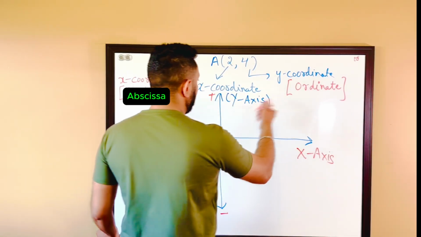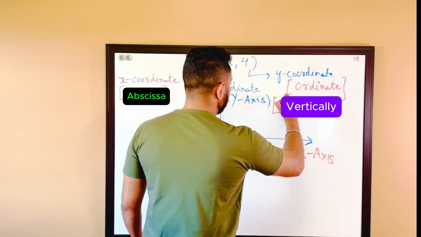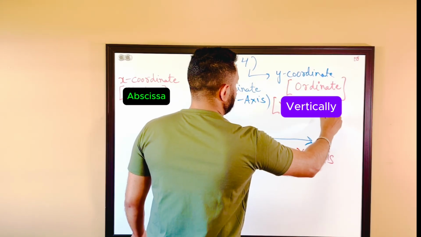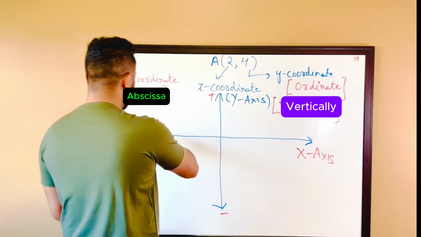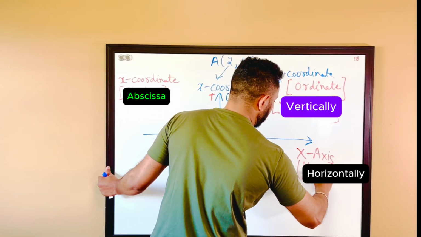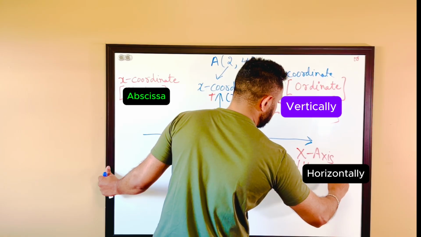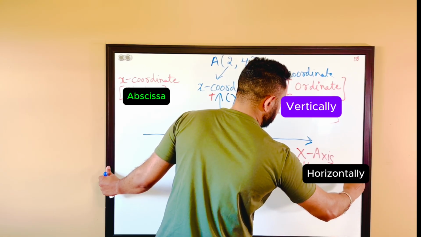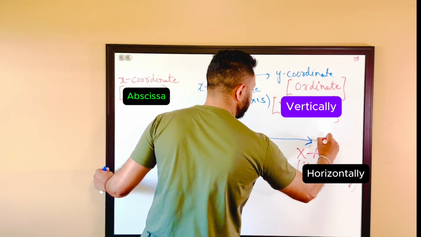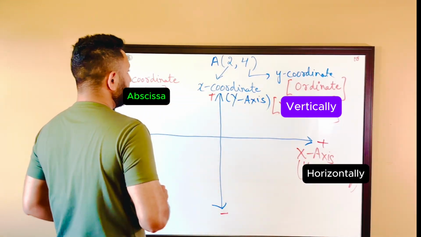So in short, a y-axis works vertically, and x-axis, like this whole x-axis, works horizontally. And this is positive and this is negative.